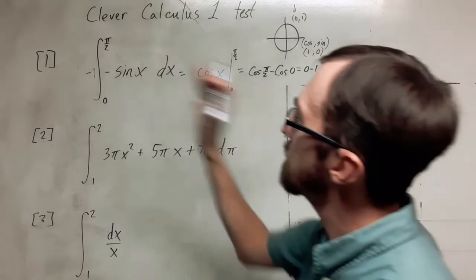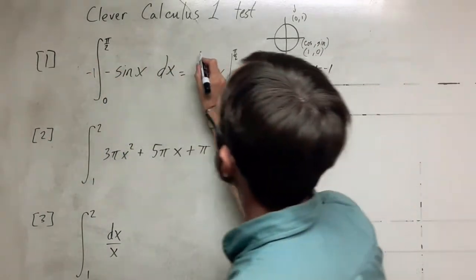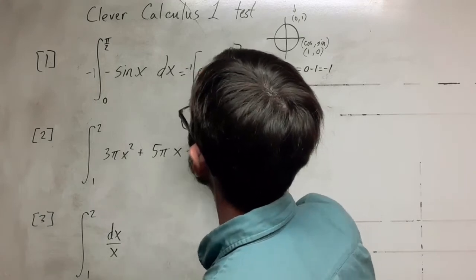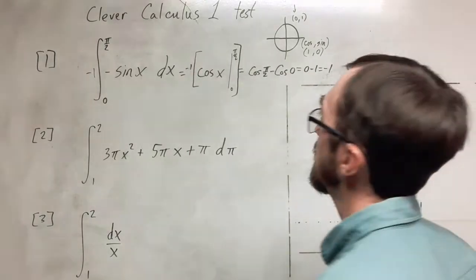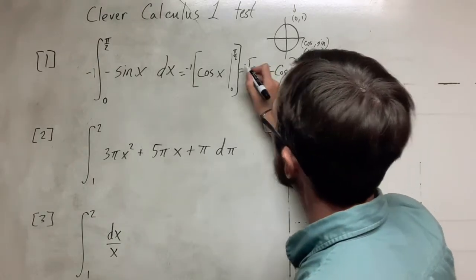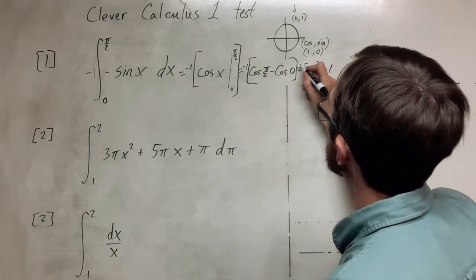But remember, we had the adjustment factor. Properly notated, we need to have some brackets around here, and we have the -1 on the outside. This calculation here, we also need that -1. This calculation here, we need that -1.